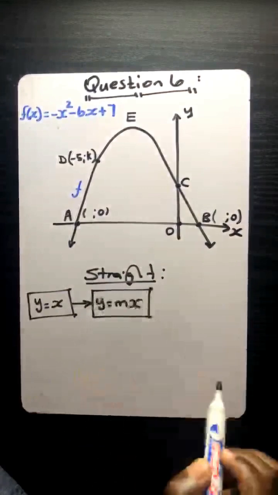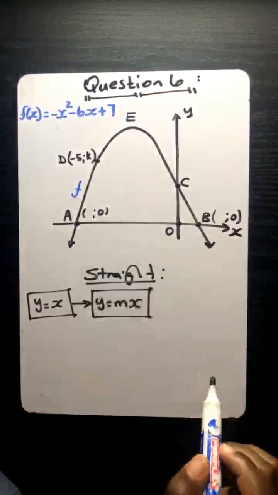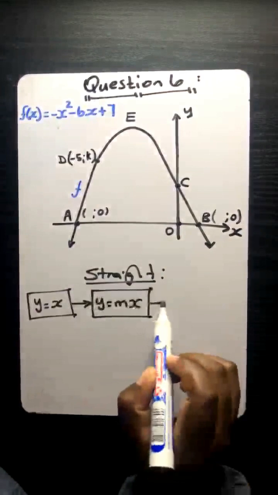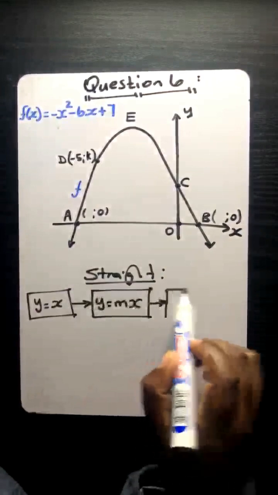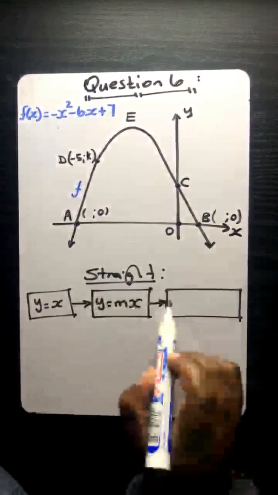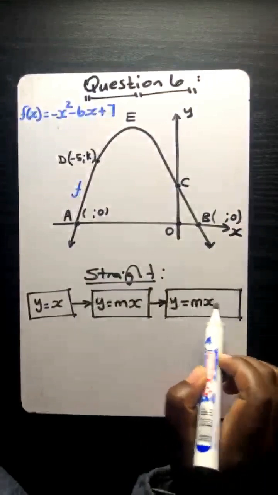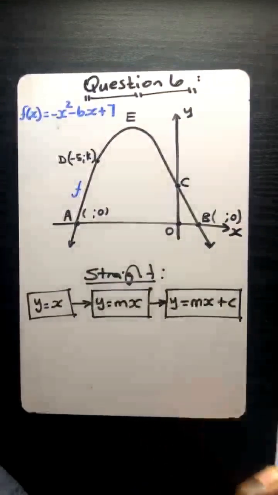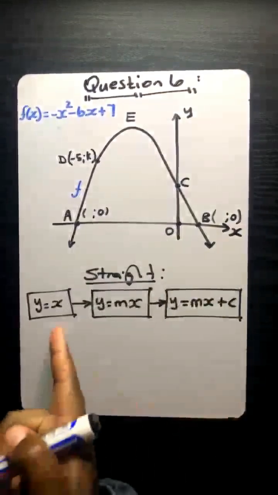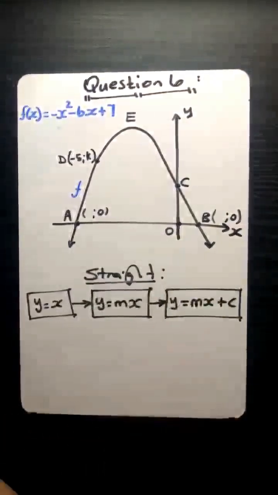Just notice the difference as it grows. And then now at an adult stage, it grew to become y equals mx plus c. Notice the difference from there to there and there. So let's see.